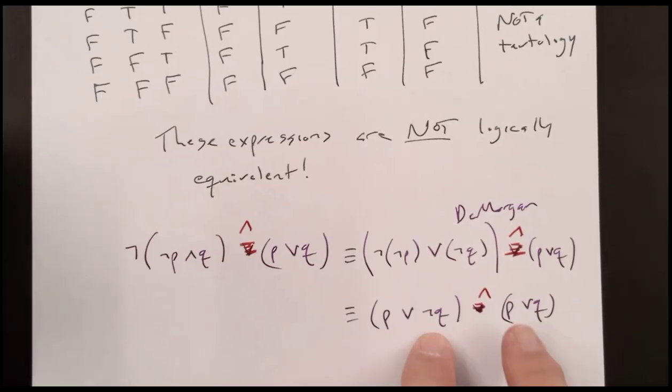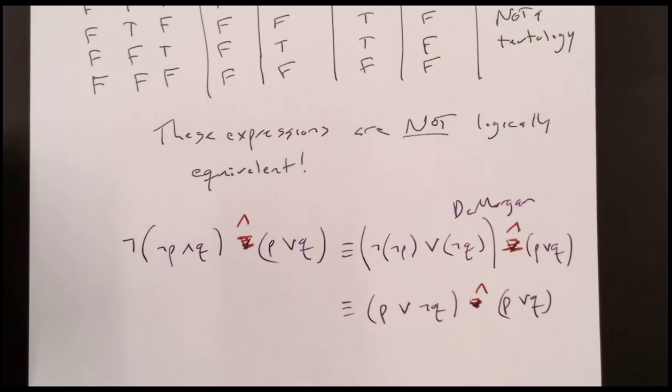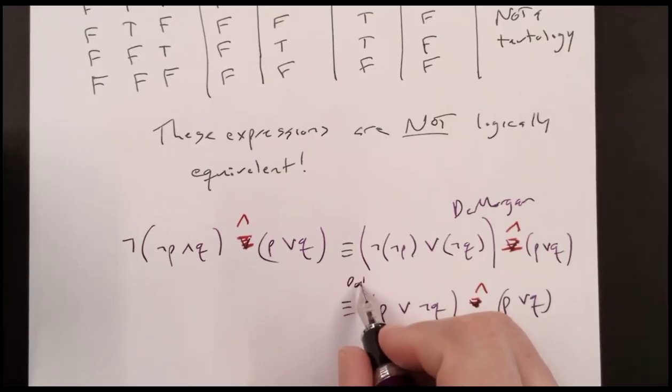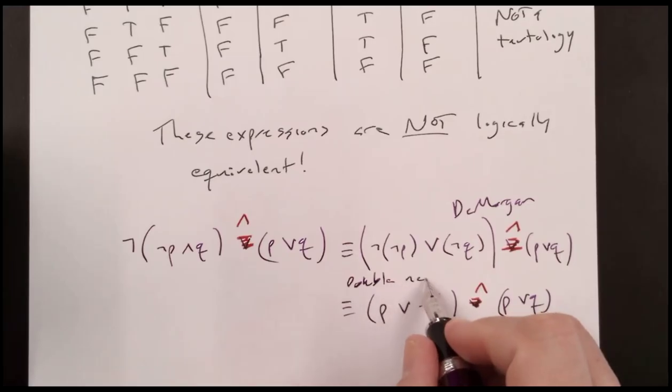P or thing, P or thing. And there's an and in the middle. This is the distributed idea, right? I have the and across both the pieces. So let's factor it out. Let's undistribute. So forgot to write it down again. Double negation.